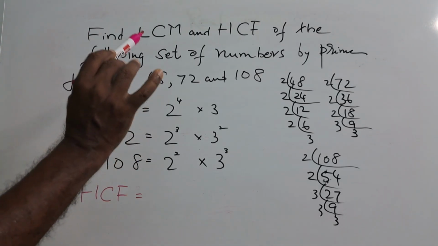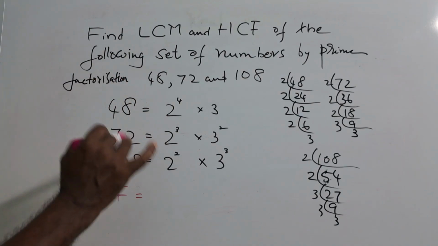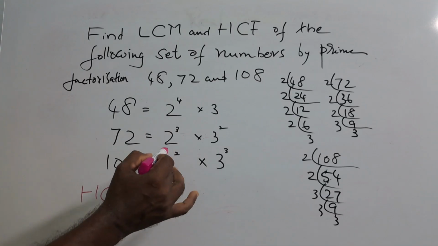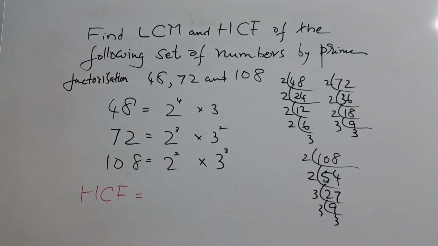Only if the prime number is a factor of all the numbers can it be considered a common factor. And here we have 2 and 3 as common factors.